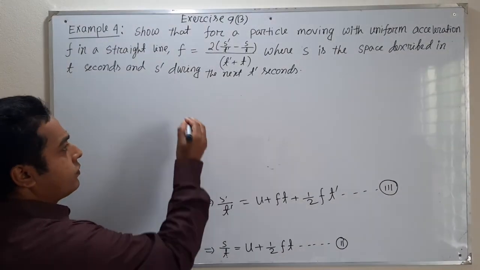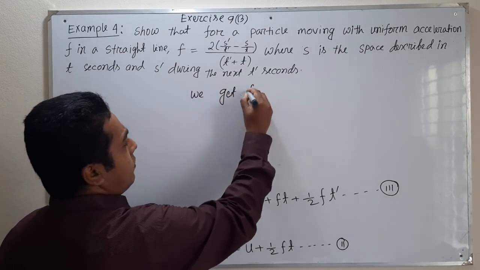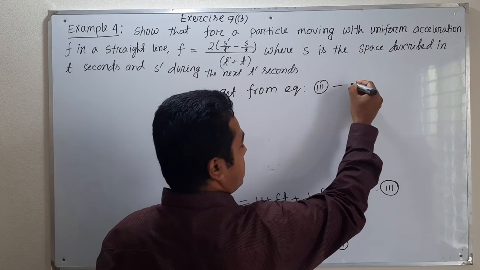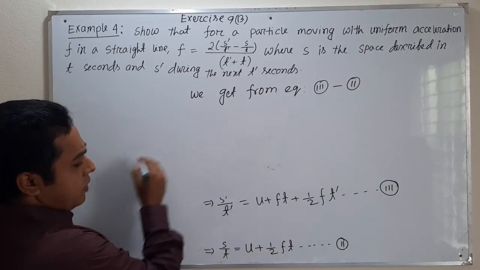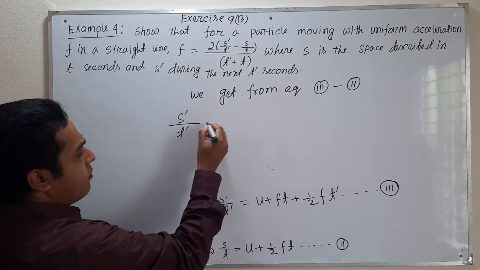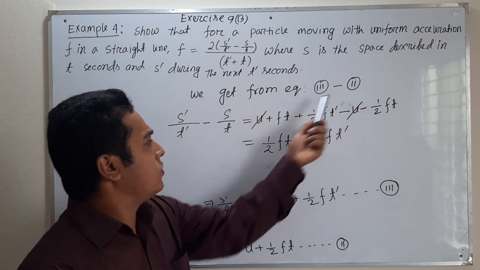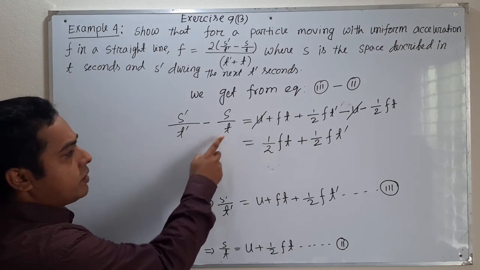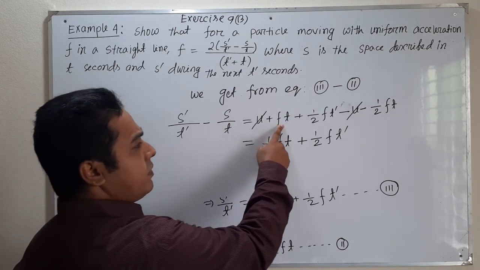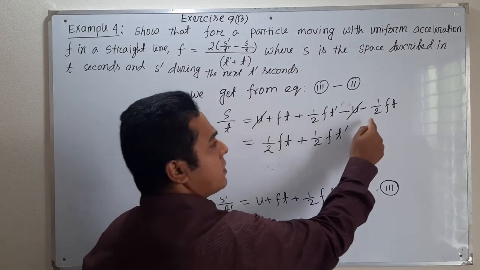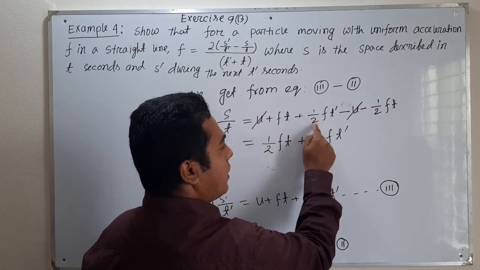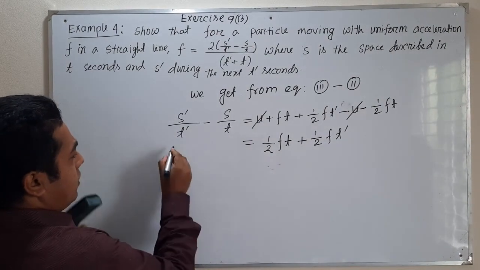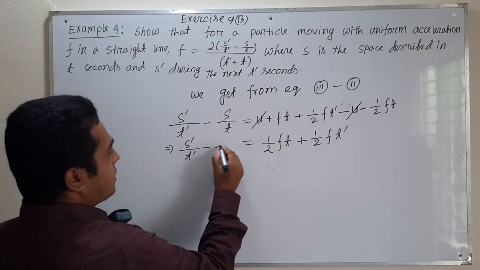The left-hand side is s prime divided by t prime minus s divided by t.